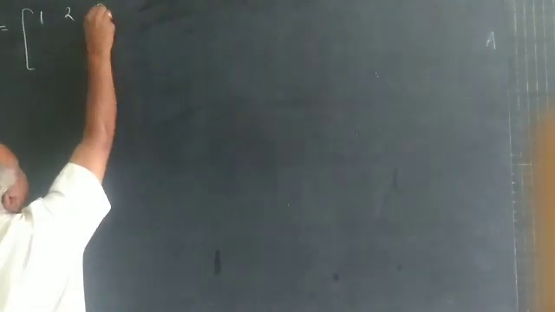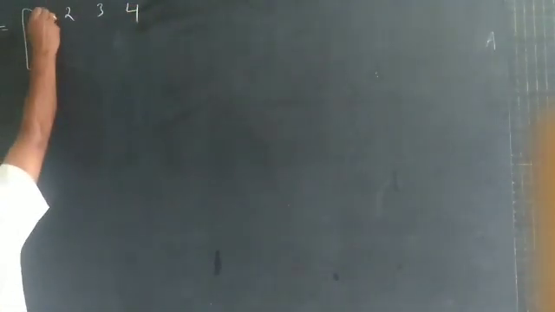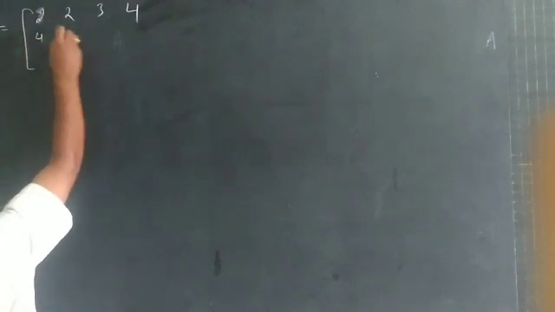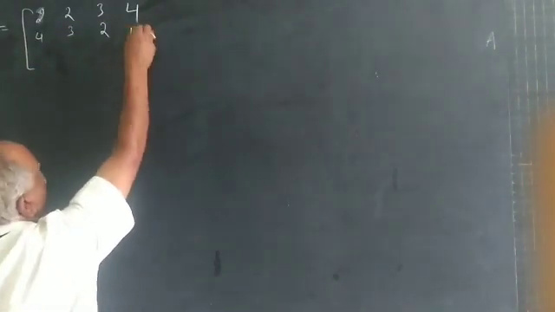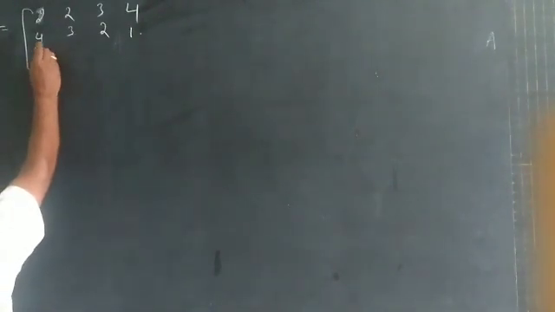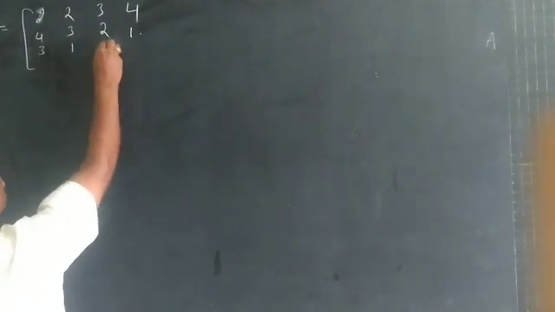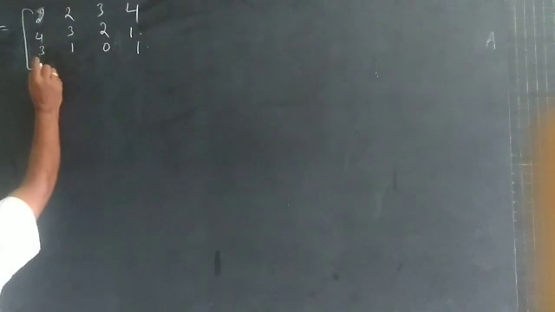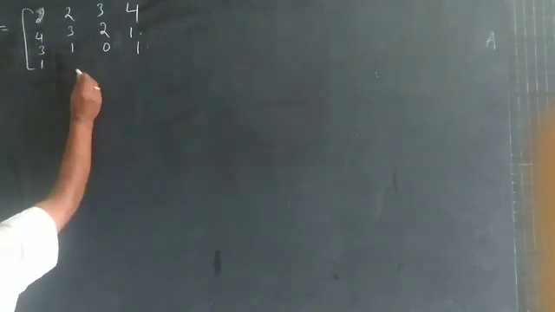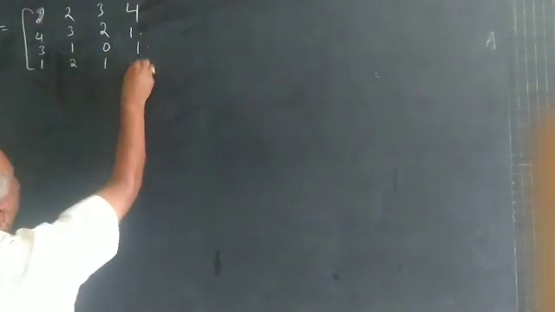Let us try to find the rank of a 4 cross 4 matrix. Suppose the example is like this: A is equal to 1, 2, 3, 4; next, 2, 4, 3, 2, 1; then 3, 1, 0, 1; and suppose the last row is 1, 2, 1, 1.